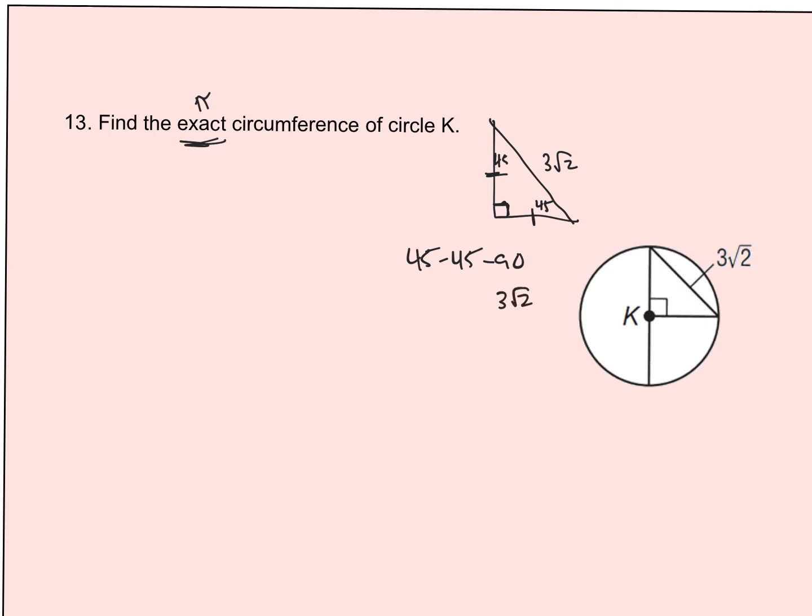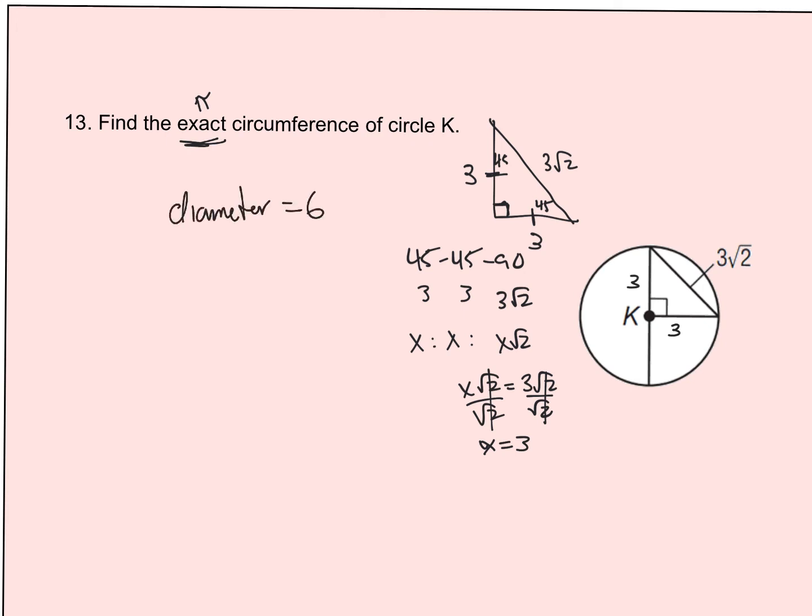Remember, 3 square root of 2, that's like x square root of 2. So to solve for x, divide by square root of 2, x is going to equal 3. So that means each side of this is 3. So my diameter is going to be 6. So my circumference is just going to be 6 pi. There's my answer.